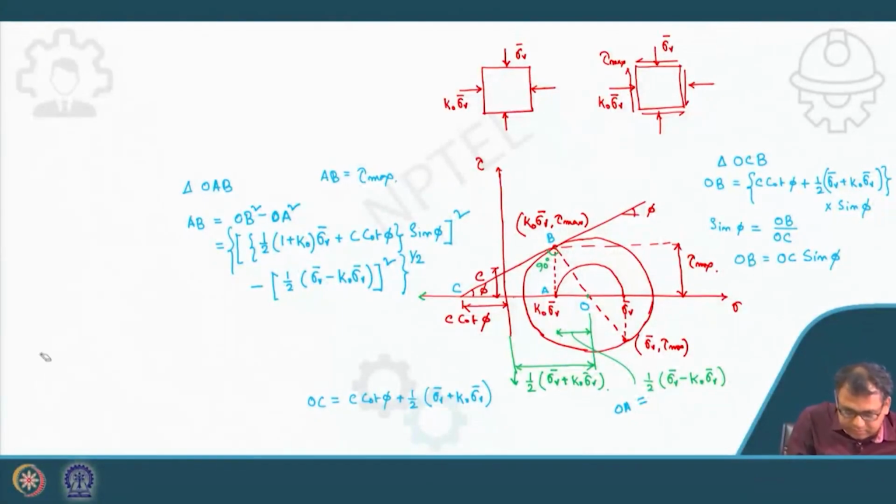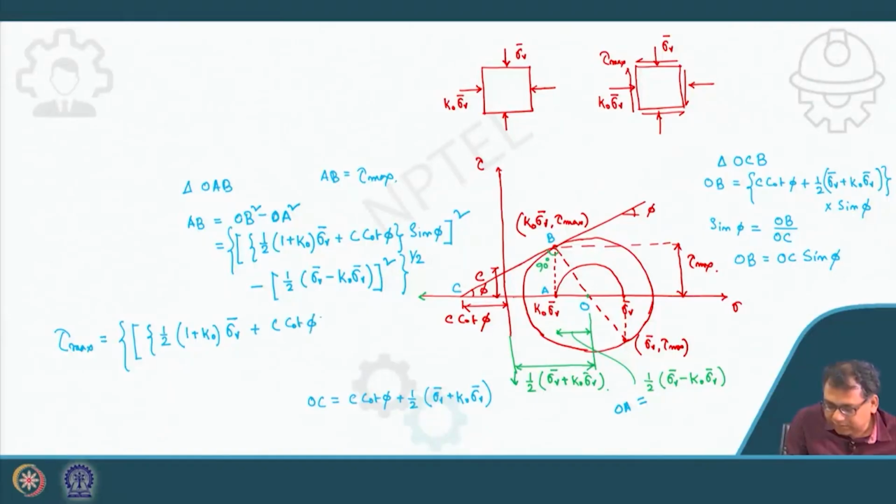So my final expression of tau max will be: tau max equals the root of half of 1 plus k0 sigma v bar plus C cot phi, times sin phi, whole square, minus half of 1 minus k0 sigma v bar, whole square.